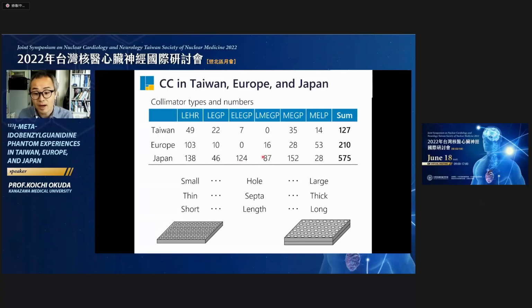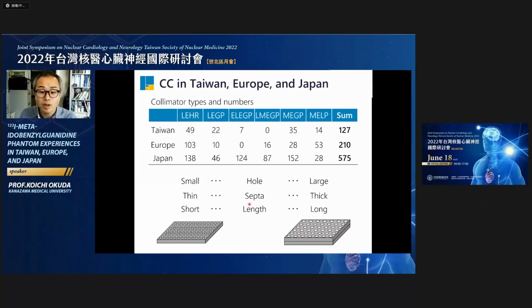The collimator characteristics are defined with 3 parameters: hole size, septa thickness, and collimator length.